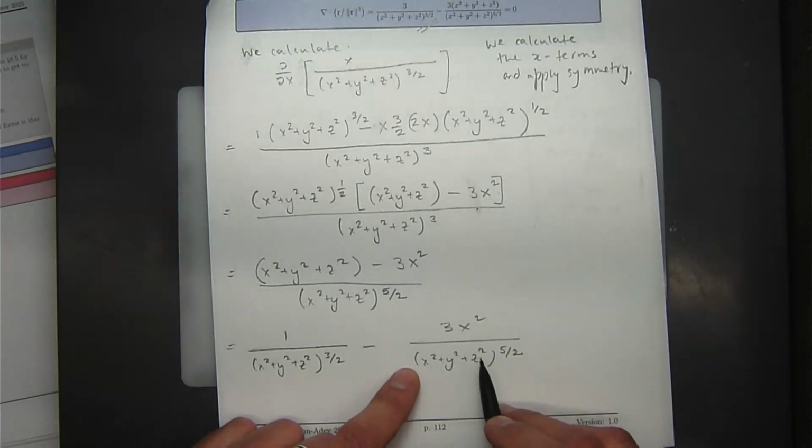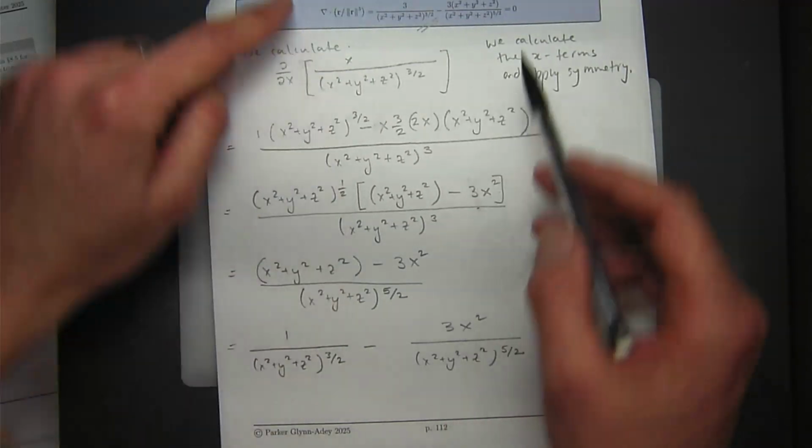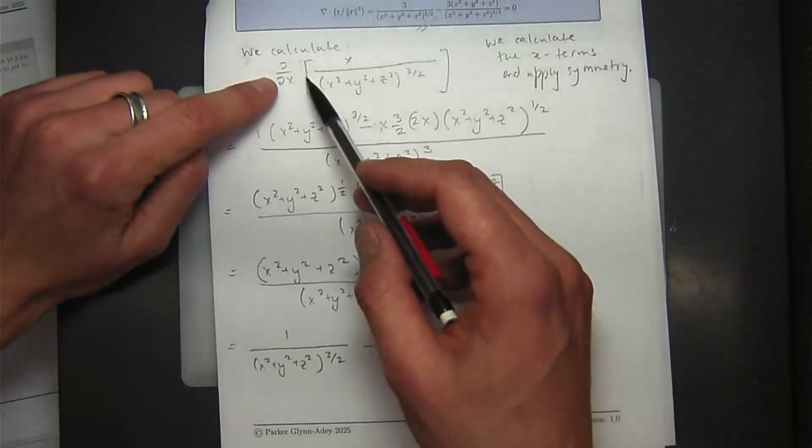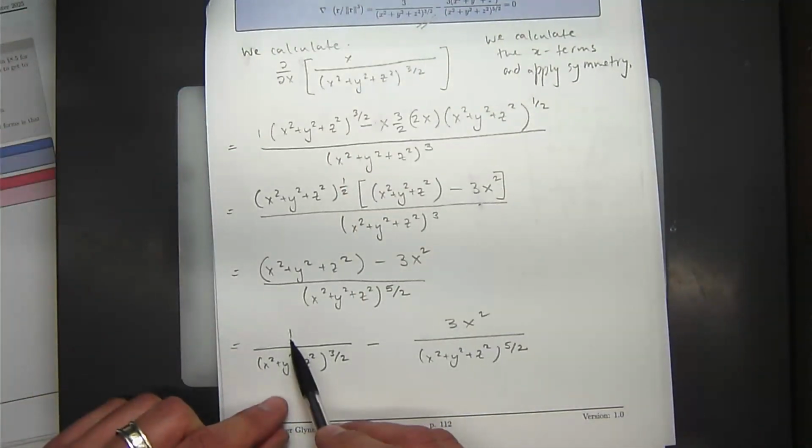Okay, so our x terms work out the way we expect. We then sum this over all the variables. We're going to get 3 copies of this guy.